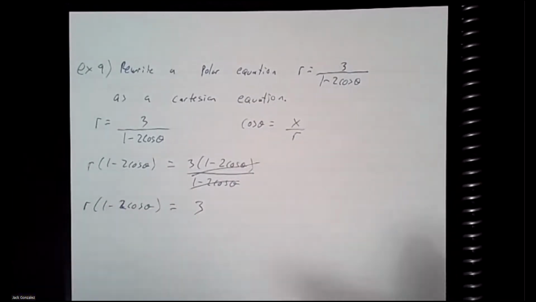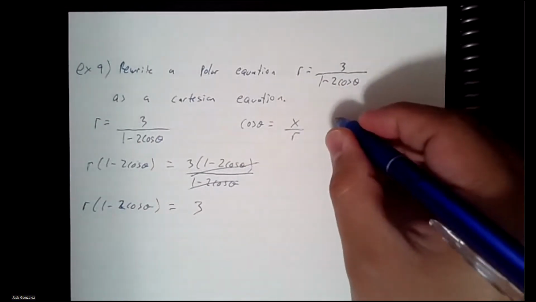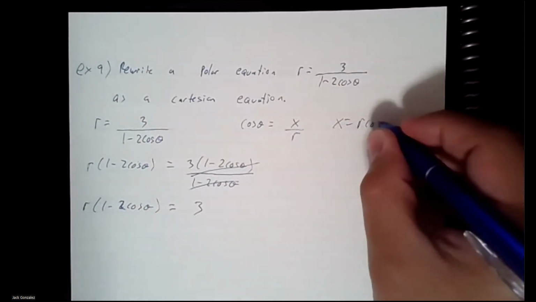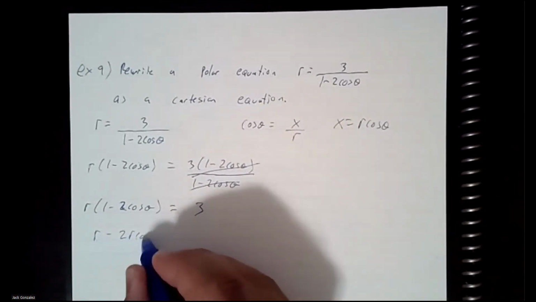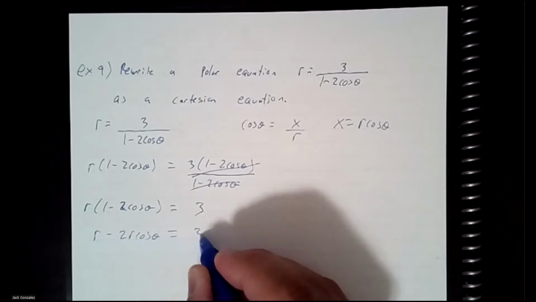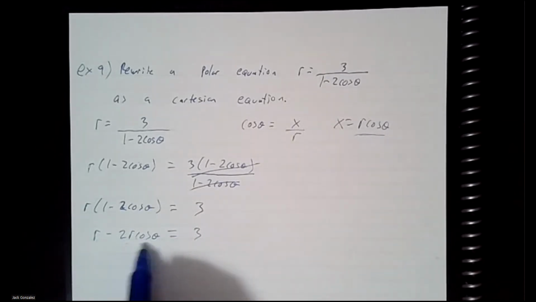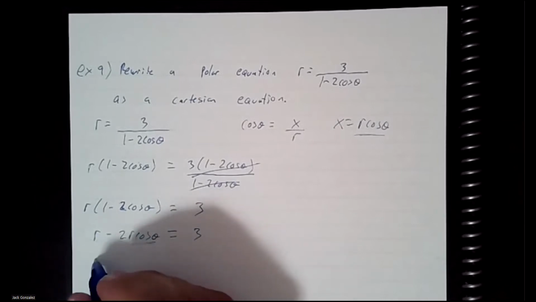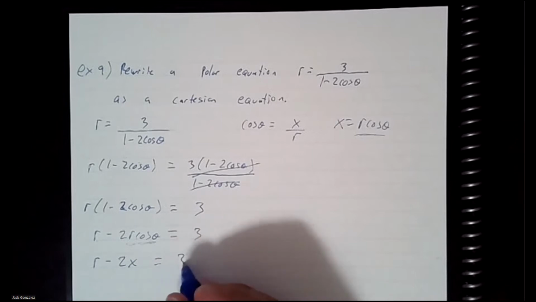This is what we're gonna do. We're gonna distribute the r on both parts, getting me to here. And then we can use this fact that this is x to get r minus 2x equal to 3.